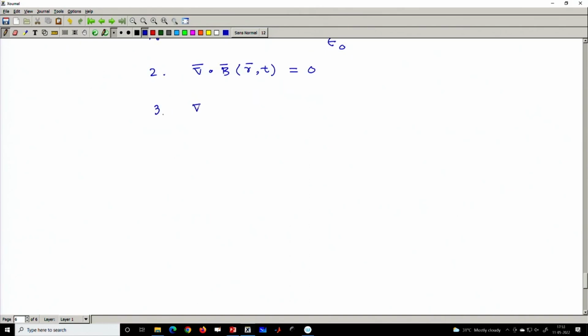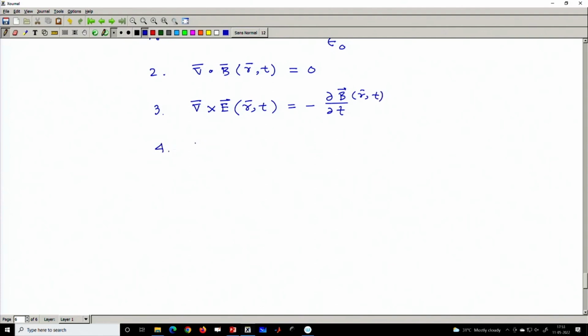Third is curl of E is minus del B by del t, a function of r and t.